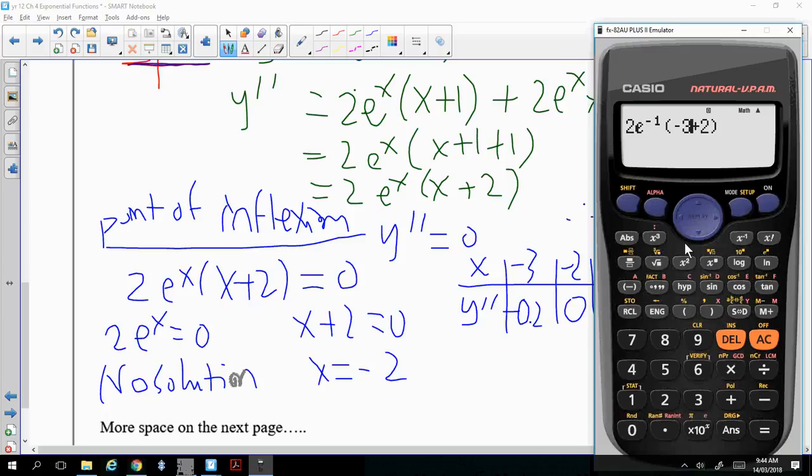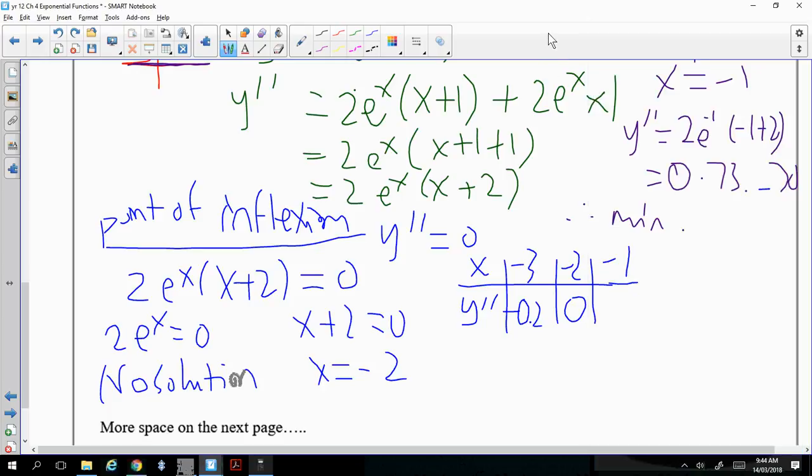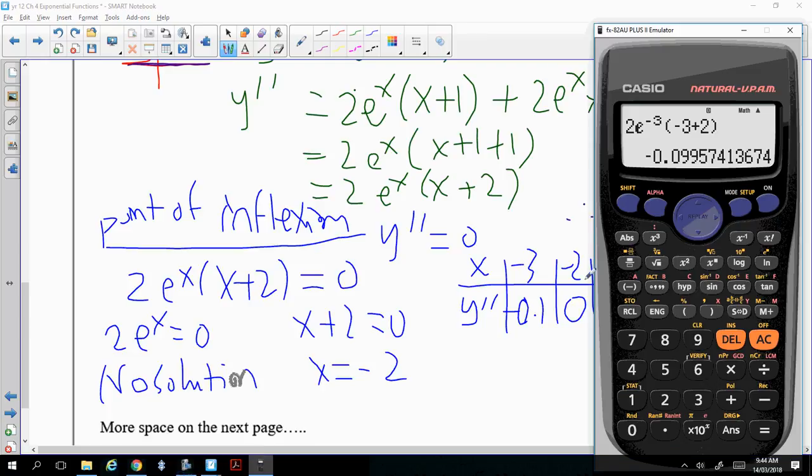And then we'll go to the next bit, go up, 0.7. So therefore it is concave down to concave up. There's a change of concavity. You must show there's a change of concavity to get the mark for the inflection point.